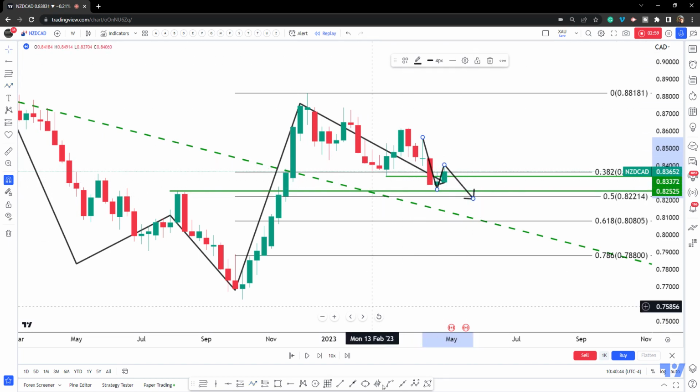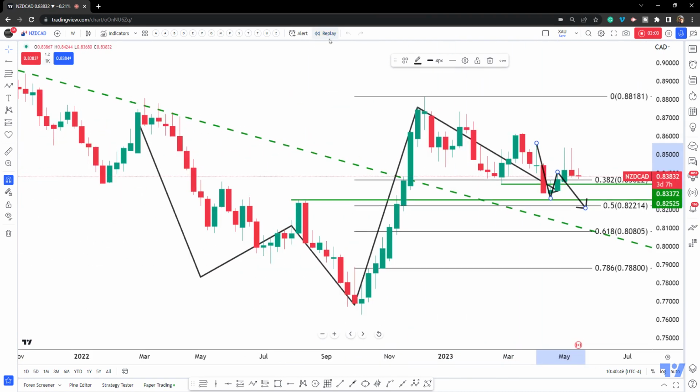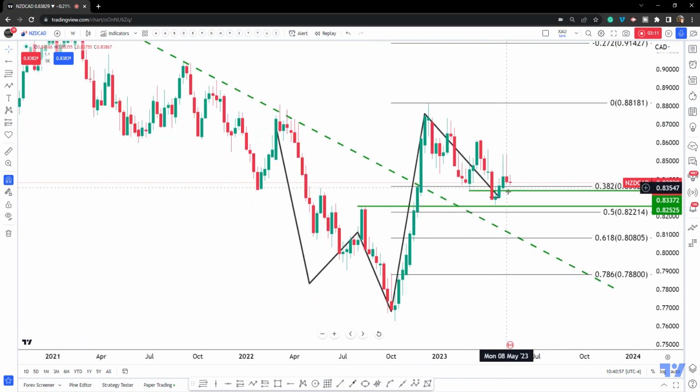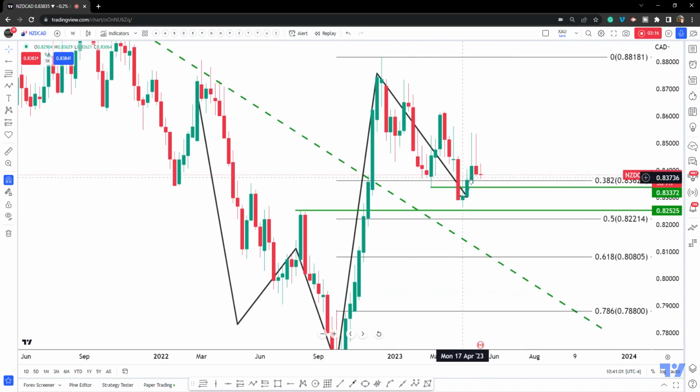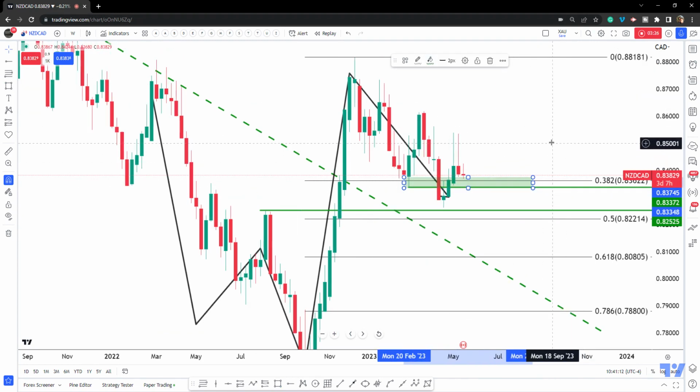But because we've come up so hard, I would say that we're slowing down on the downside, and I'd be again looking for opportunities to be long. Now we could say that the support is in and around here currently. So that's the weekly chart.